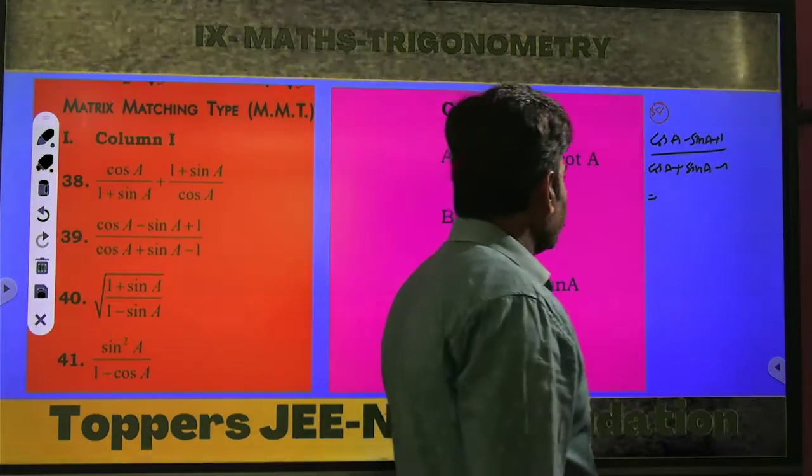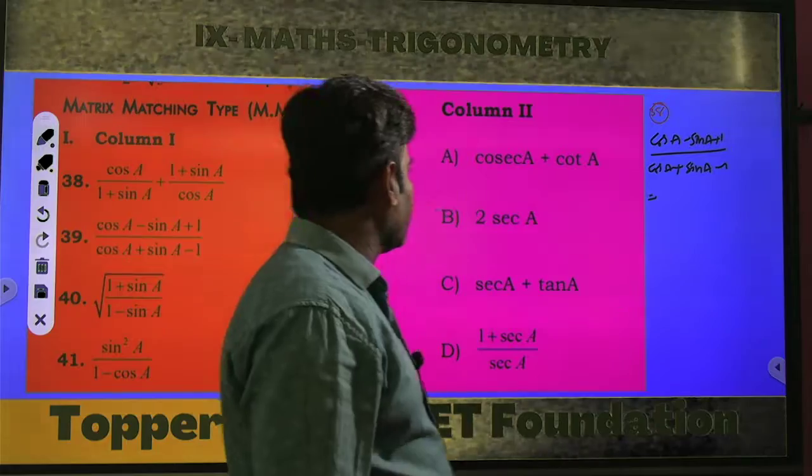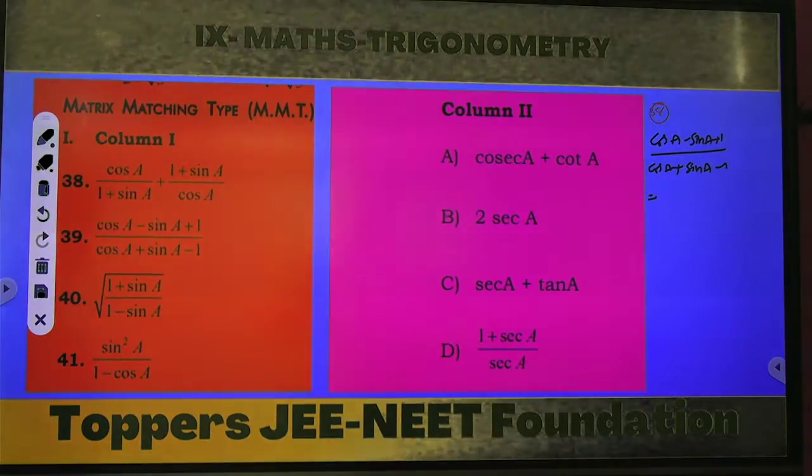Okay, here let us do one thing students. Denominator is in the form of cos A plus sin A minus 1. Let us write for our convenience cos A minus 1 plus sin A.